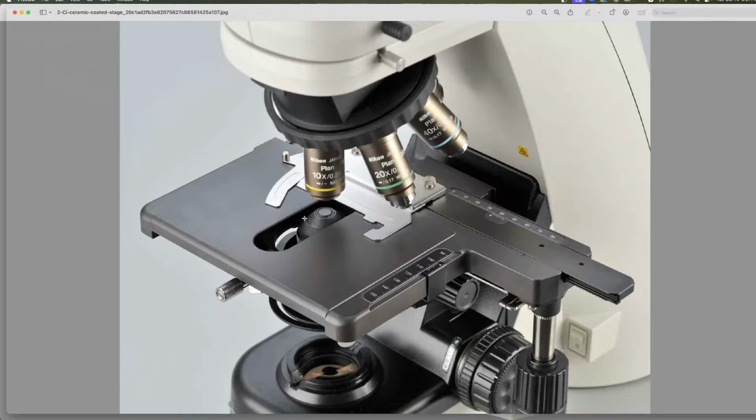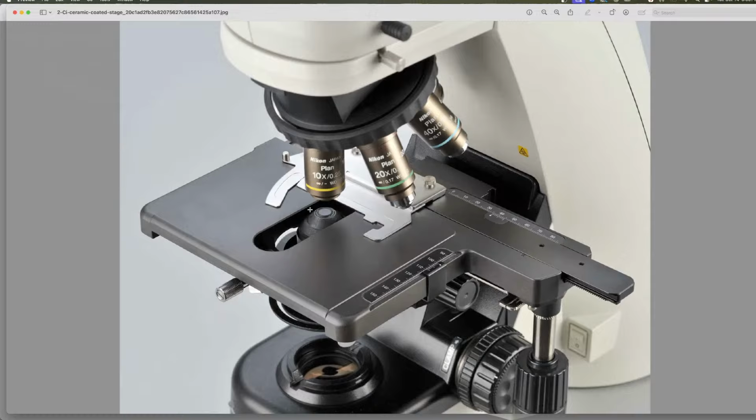So the condenser, which is what we were talking about, is key to this whole business of shining light through the subject. The focusing is done by moving the stage up and down in relation to the objective and the fixed part of the microscope up here.